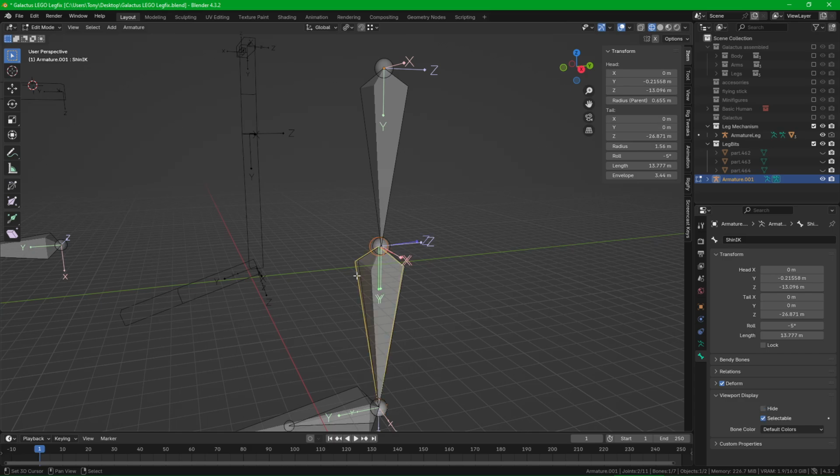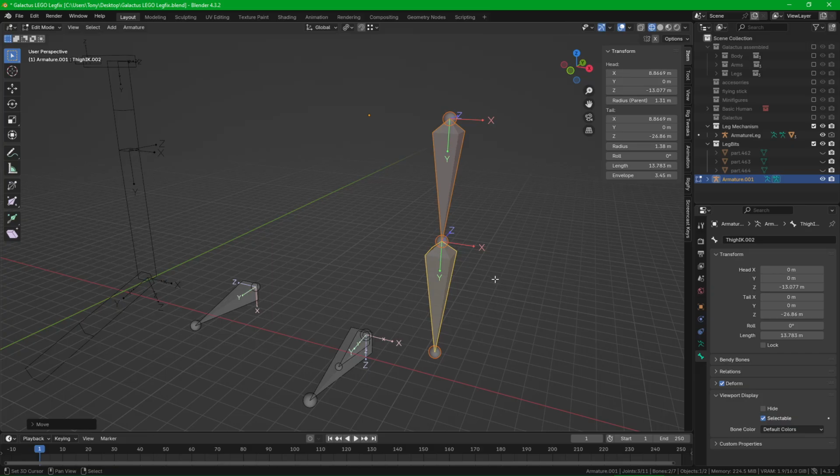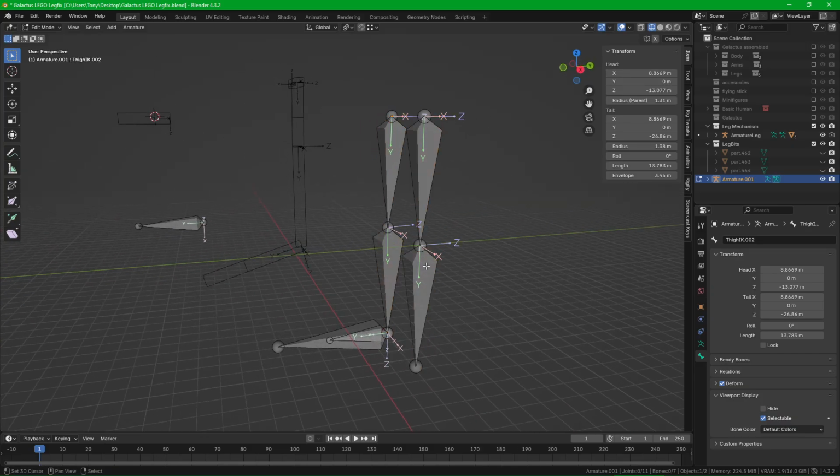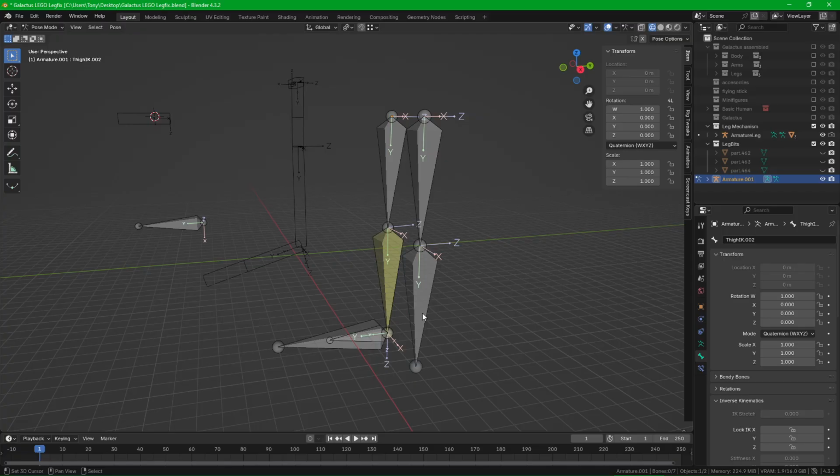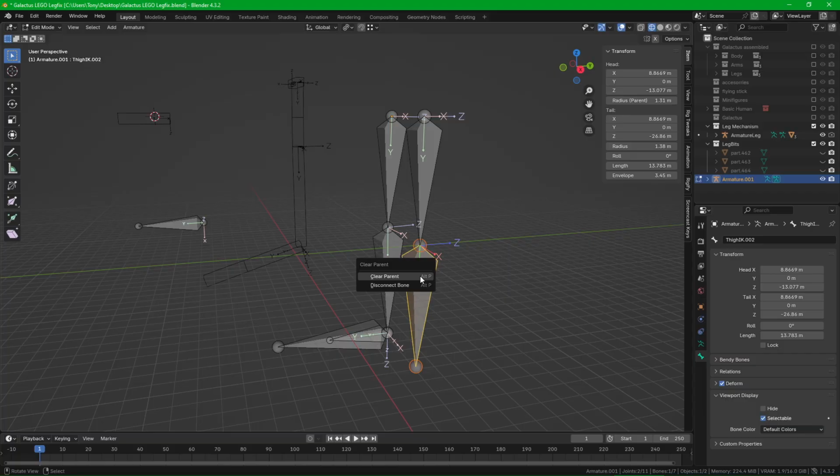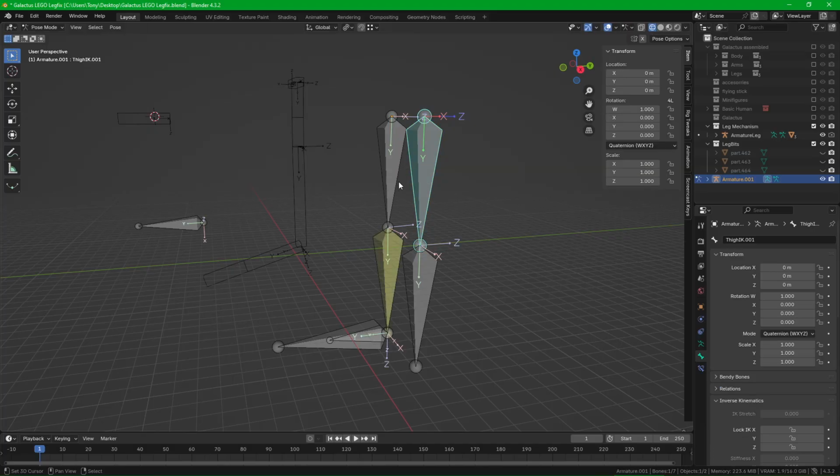Let's hide the thigh IK and the shin IK. Just move these off to the side so you can see clearly what's going on. Right, and then you would disconnect or clear the parent of that, and that one doesn't have a parent.